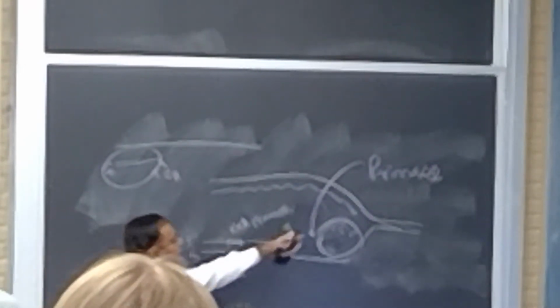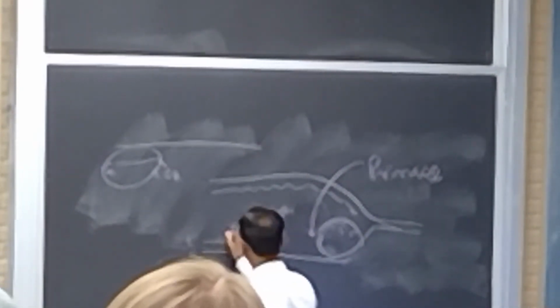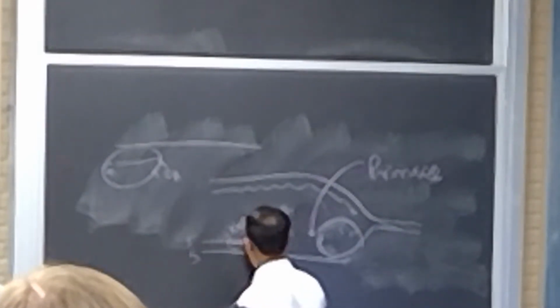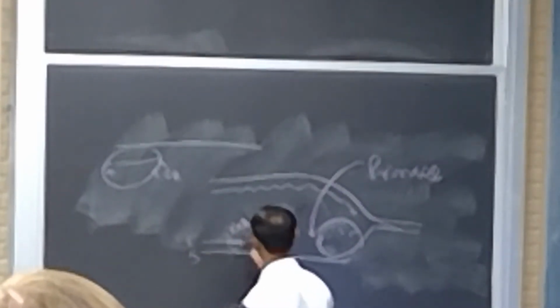Correct? So you need a primer. In vivo, inside the living cell, this primer is a short RNA molecule, synthesized by an enzyme called primase. Does it make sense? So this is your 5 prime end, this is 3 prime end, so the 5 prime end always has the RNA primer.